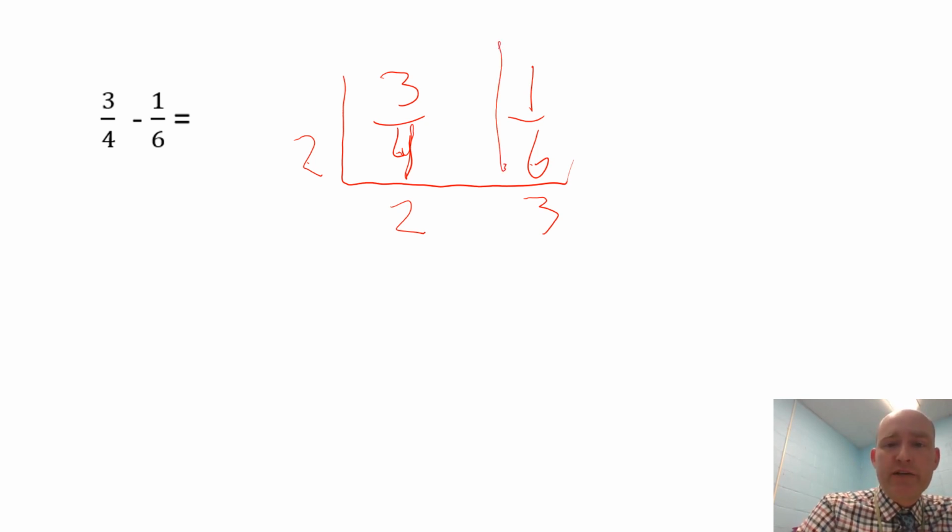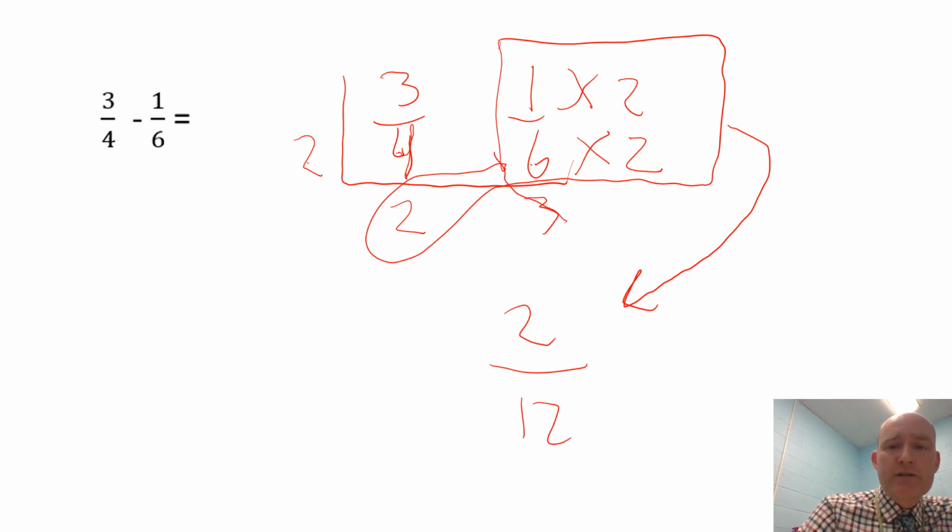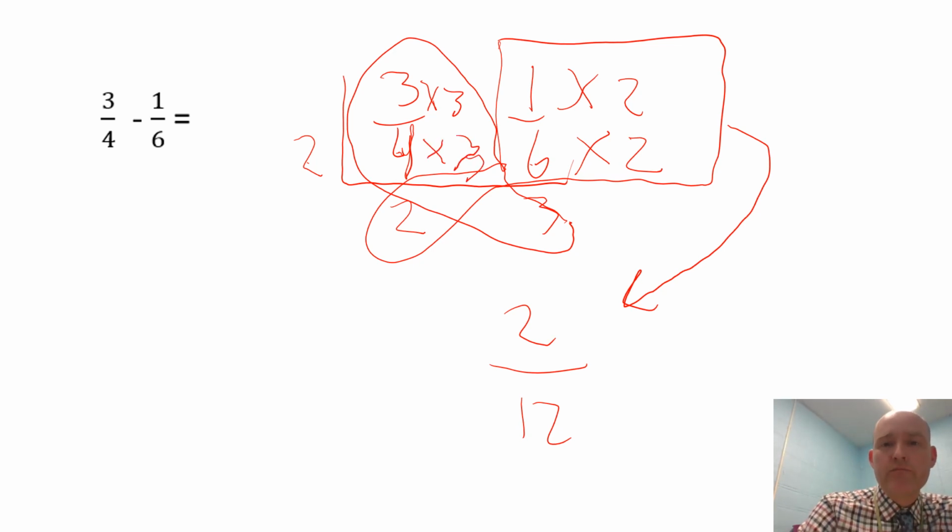Then we can cross multiply. Times 1 times 2 and 6 times 2. And we get 2/12. We got to cross multiply the next. Times 3 times 3.